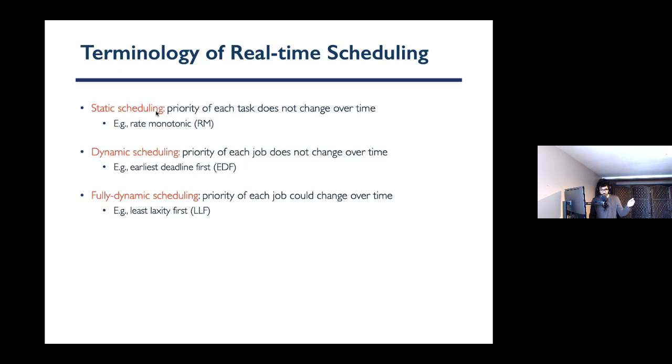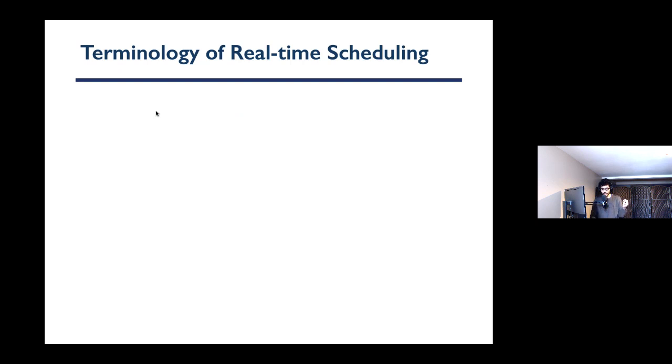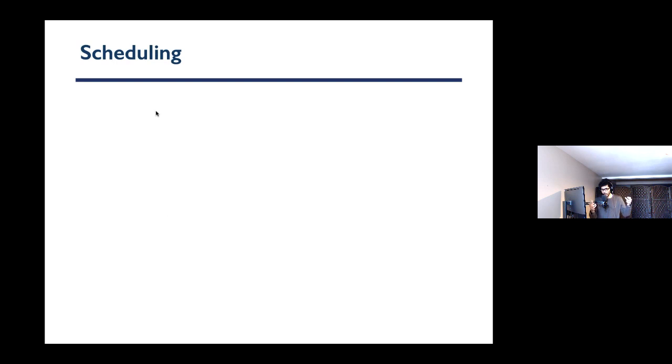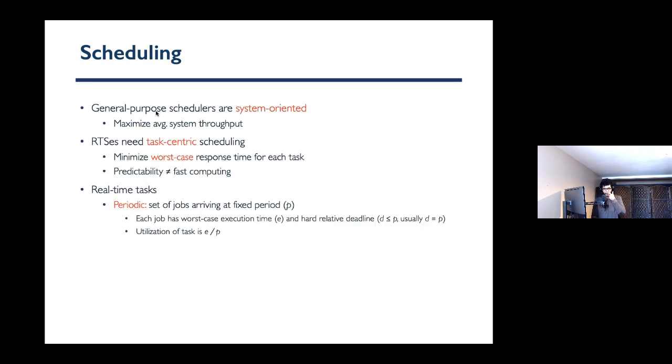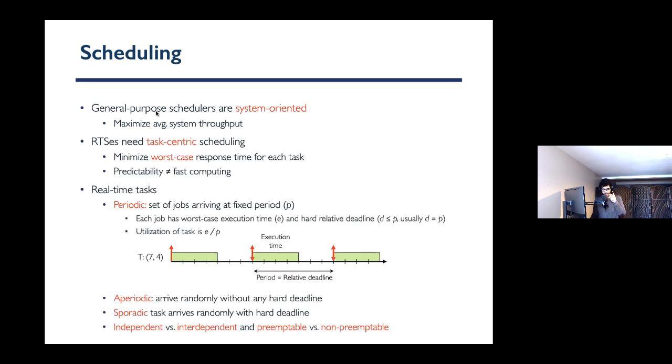You have aperiodic tasks, so it's just one task. So for aperiodic and sporadic tasks, you have this one-to-one. Each task is one job. But for periodic tasks, each task is a set of jobs that periodically will arrive at your system. This is basically what we said.